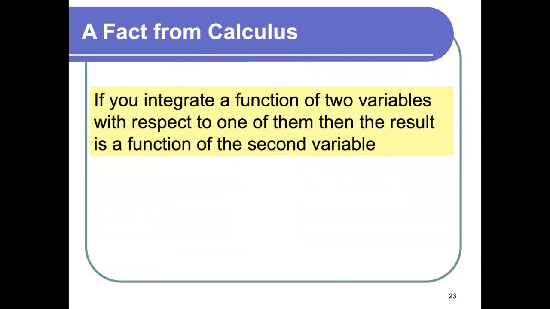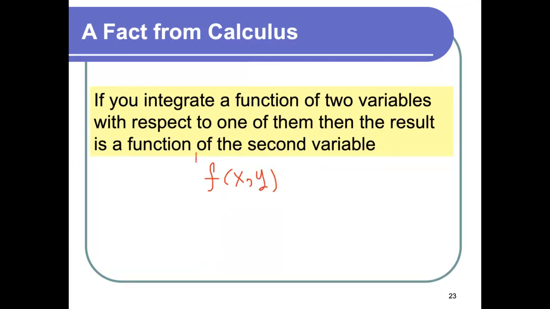So let's recall a fact from calculus. If you integrate a function of two variables with respect to one of them, then the result is a function of the second variable. Let's clarify. Suppose I have a function f of x and y. We have two variables, right?